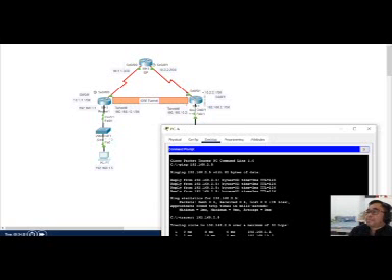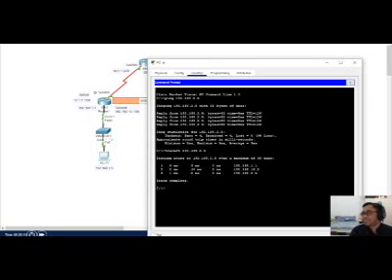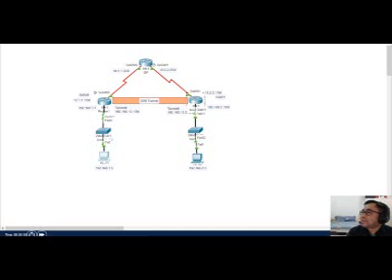So he didn't go through the ISP, he goes through the tunnel from 192.168.10.1 or 192.168.1.1 to 192.168.2.10.2. Okay, so we have successfully configured a basic GRE tunnel.